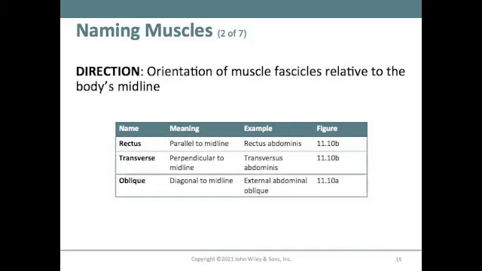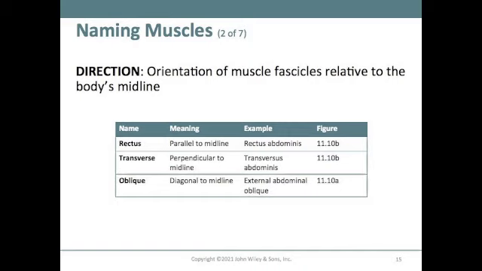Transverse are perpendicular to the midline, and perpendicular means like a right angle, 90 degrees, or a T. That's perpendicular. Oblique, diagonal to the midline. So that means that the muscle is going to move diagonal to your midline.